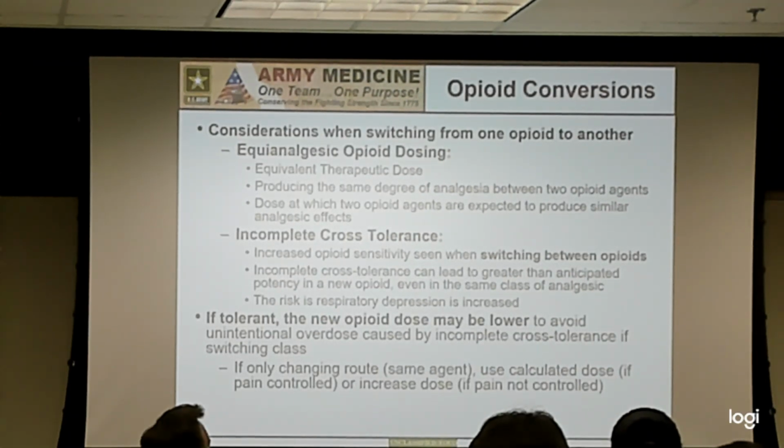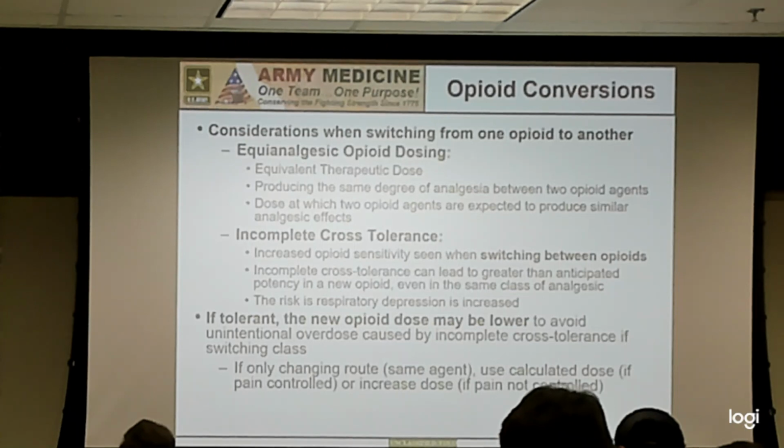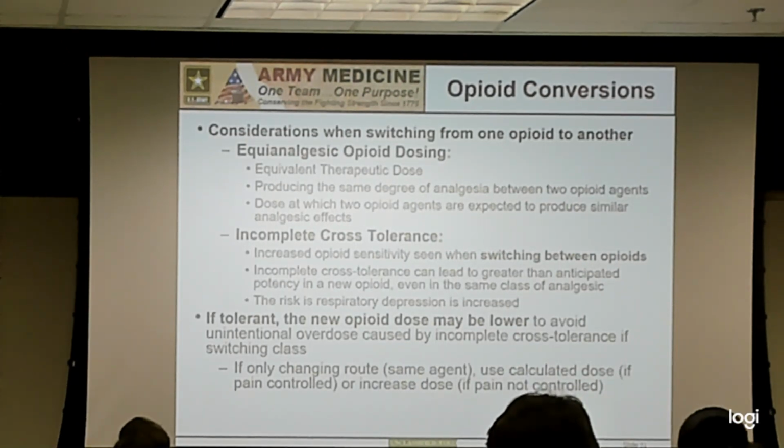So we're not going to touch on that at all. Y'all will not be doing that in practice for the most part unless you go to specialize in pain management. Go to a pain management specialist, because there's different guidelines that they will use to convert those patients if they're trying to get them on a partial or a mixed agonist.